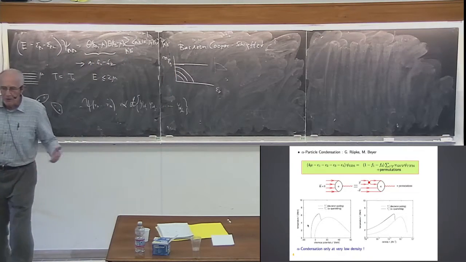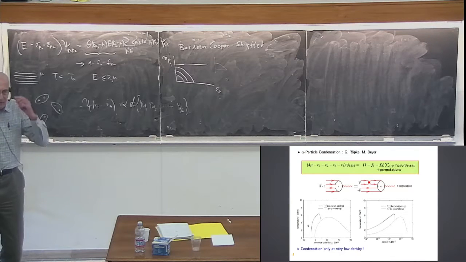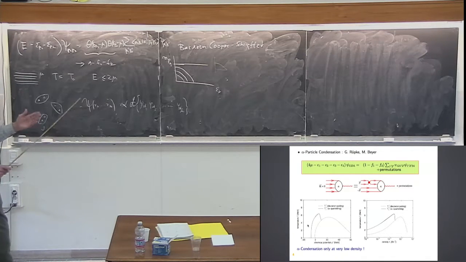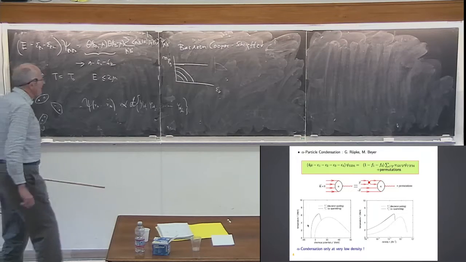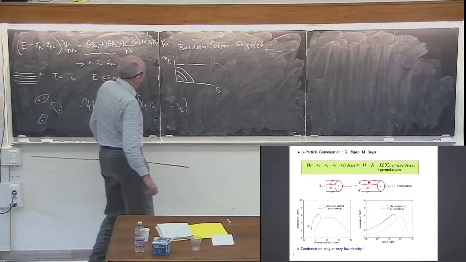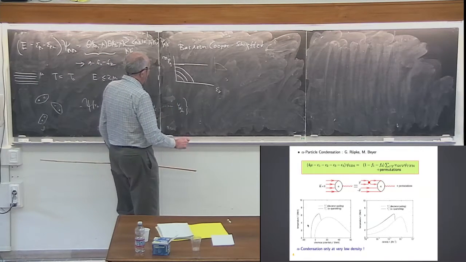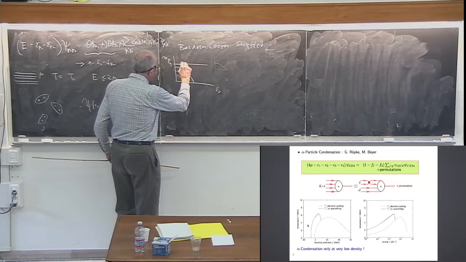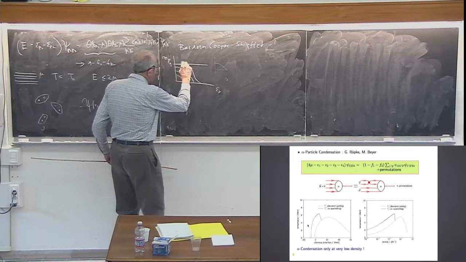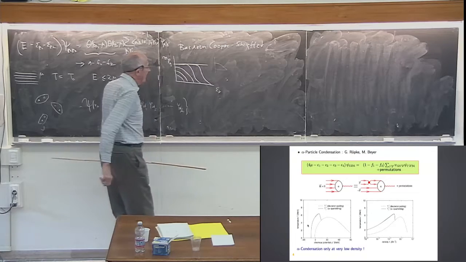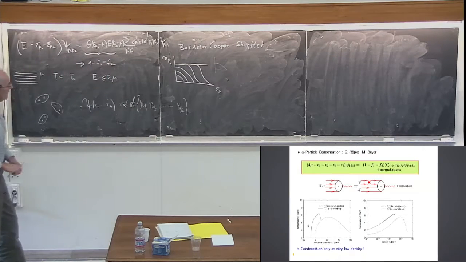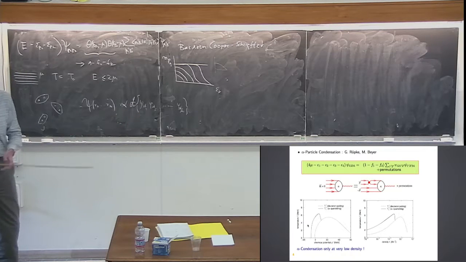Okay, you know that the Pauli principle prevents you from occupying more than one particle per state. So it saturates here, and it goes eventually into this kind of shape.